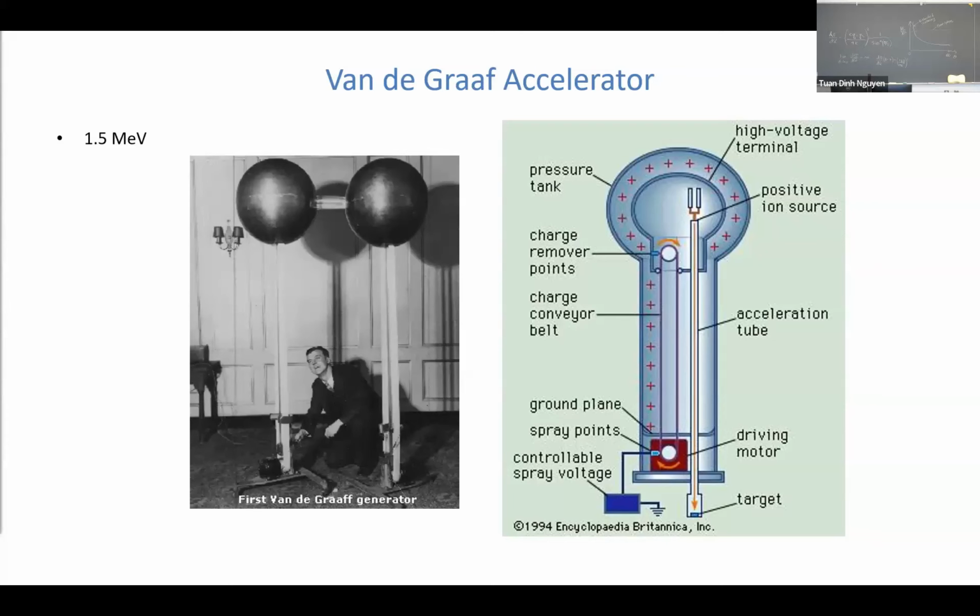Basically you have nowadays a rubber belt, but when you were rubbing that rod, this is just doing that rubbing mechanically. So the belt deposits charge onto the cylinder here, which then gets distributed onto the electric sphere.